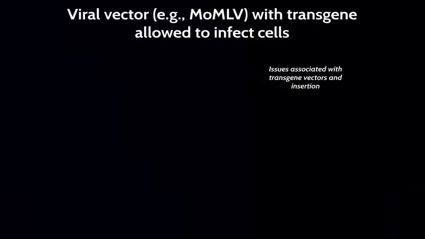So there was a particular disease called SCID, or severe combined immunodeficiency, that became a really popular candidate for gene therapy in the 90s. And severe combined immunodeficiency is caused by any number of loss of function mutations in a couple of genes.